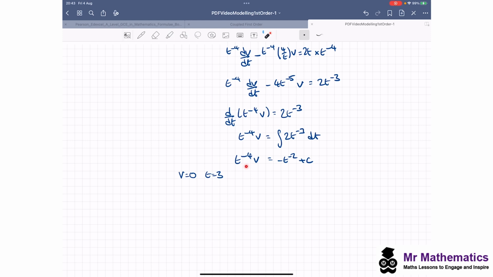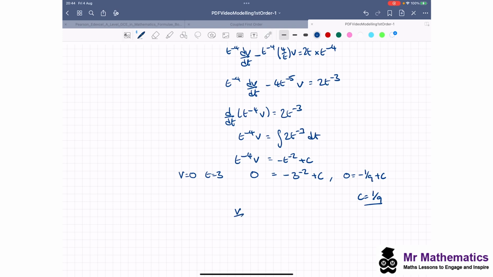The left hand side will become 0. This is equal to minus 3 to the power of negative 2 plus the constant. So 0 will equal negative 1/9 plus c. So c, the constant, will be 1/9. And now we can put this constant back into here.